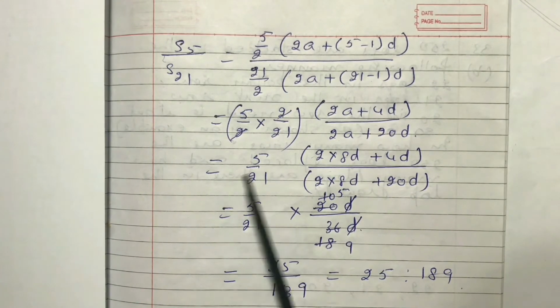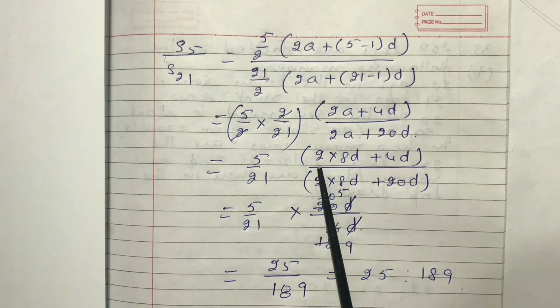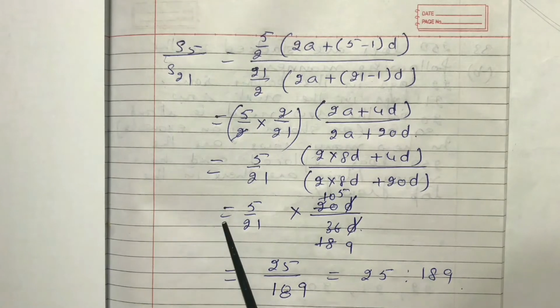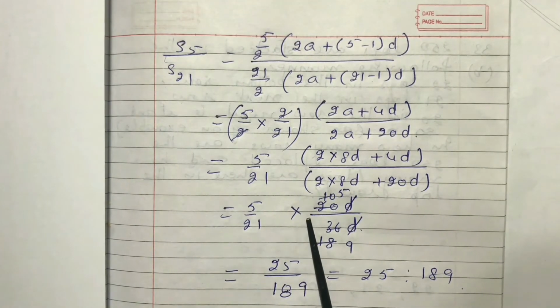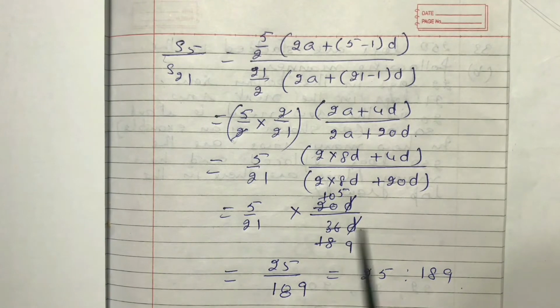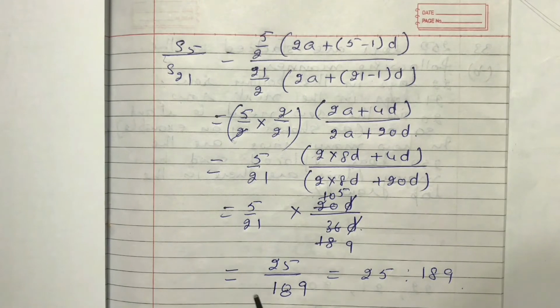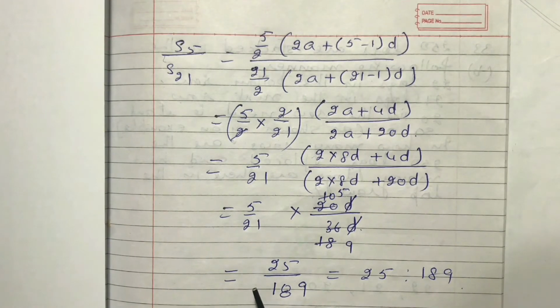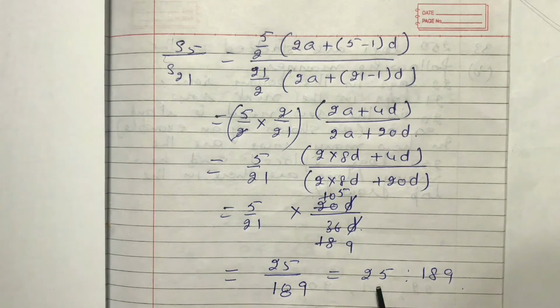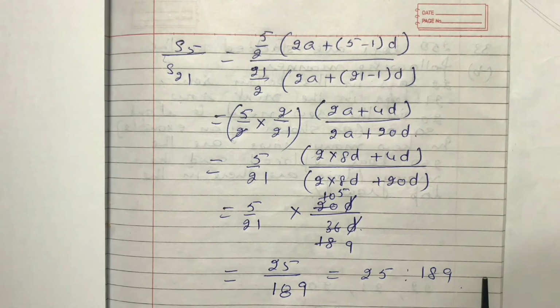So you will have 5/21 in the bracket 2 into 8D plus 4D upon 2 into 8D plus 20D. This is equal to 5/21 into 20D upon 36D. And just cut the numbers, you will have 25 upon 189. So ratio between the sum of first 5 terms to sum of first 21 terms is 25:189.